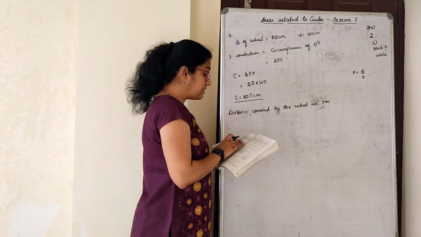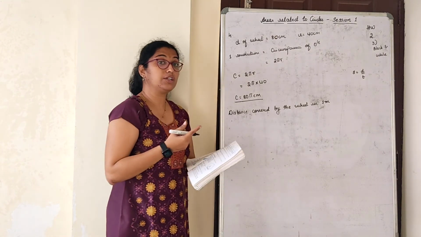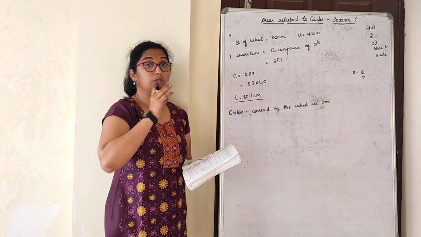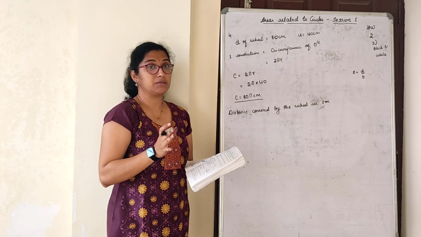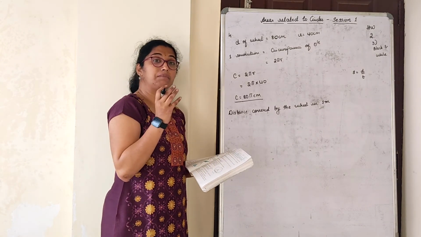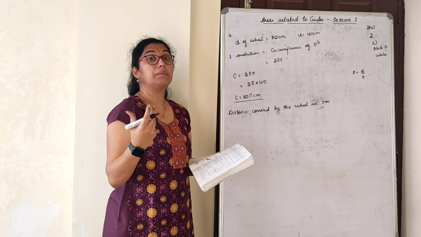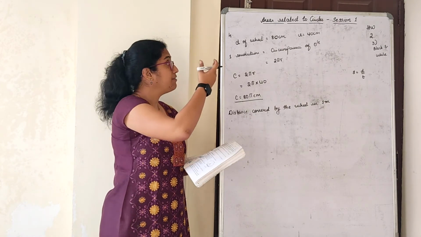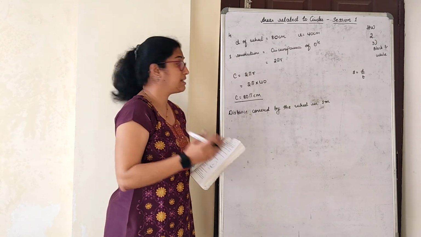But speed is in terms of kilometer per hour. As I had already told you in the previous part, we usually do conversions in physics in terms of meters per second, kilometers per hour. But here we try to keep it in terms of whatever entity is given or asked, meters per minute or centimeter per minute. Whatever entity is asked, we can use it.